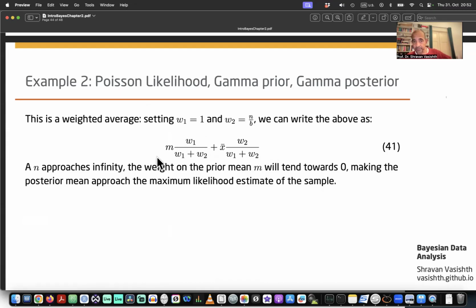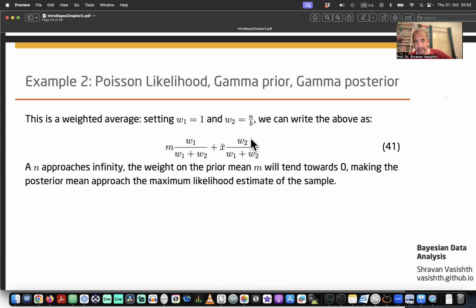Okay, this whole thing, the posterior mean, is actually a sum of the prior mean and the maximum likelihood estimate, but it's a weighted sum, weighted by those two terms. What's interesting about equation 41 is that when n goes to infinity, the weight W2 will get very large relative to weight 1, which is the value 1, right?